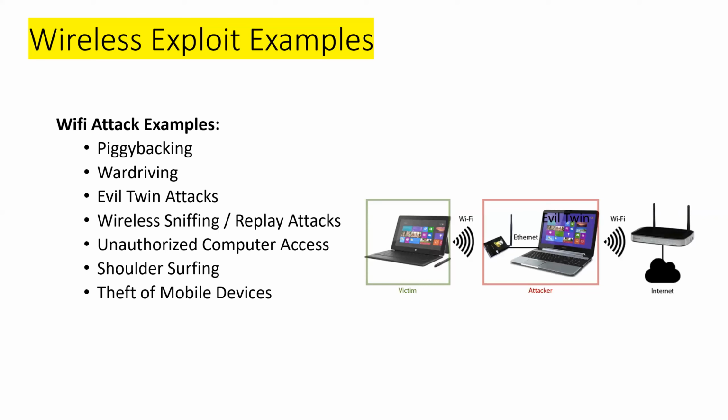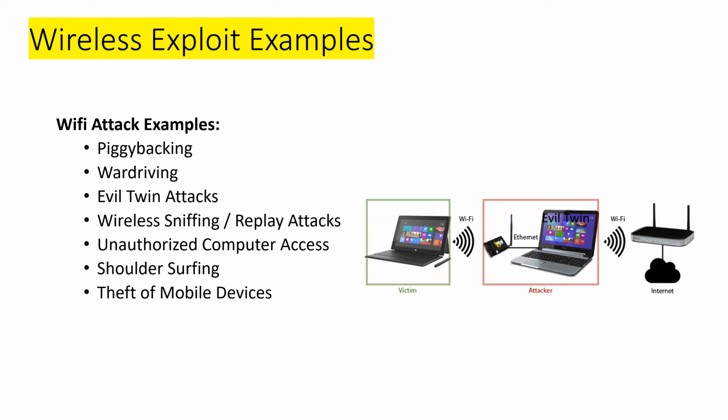Okay. So here are some examples of exploits. Piggybacking is a technique where I basically ride somebody else's connection. Somebody else is authorized to connect to that Wi-Fi access point, and I ride it and steal the session. I can hijack the session as they connect. War driving, it's kind of misleading, but simply put, that's where you, quote unquote, drive around and look for an open Wi-Fi network.